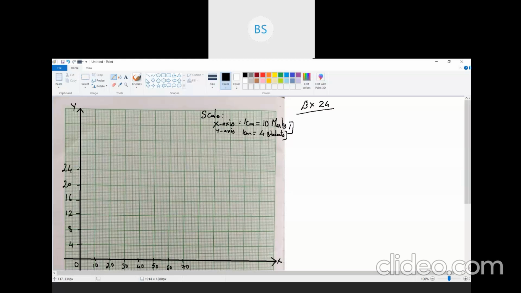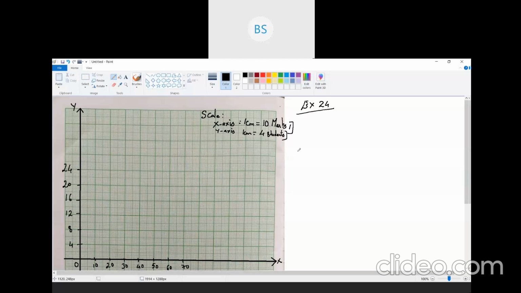Now here first we should know the value of each division in the box. In the 1 centimeter box we have 10 divisions, right? And here on the y-axis the difference is 4. So the value of each line in the box, we have to find out.